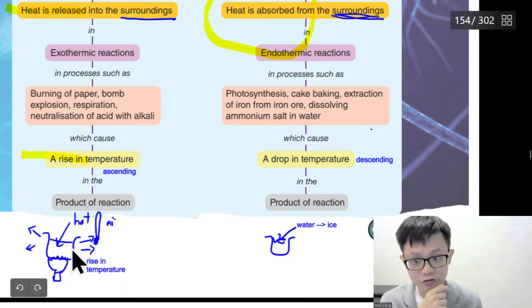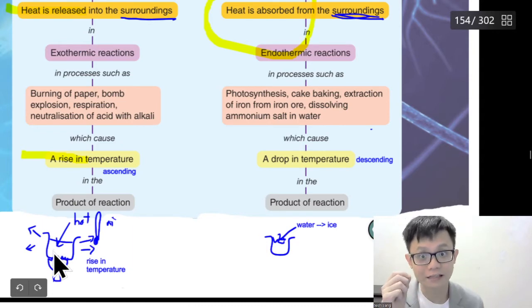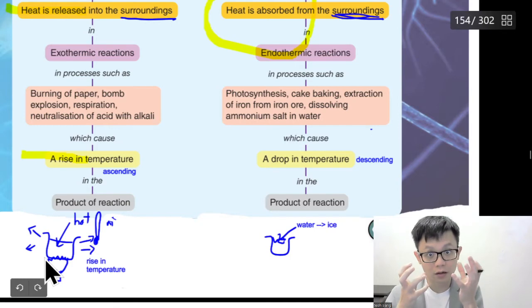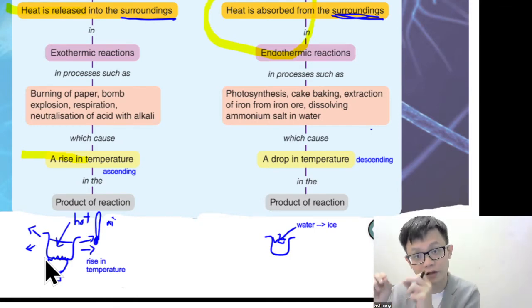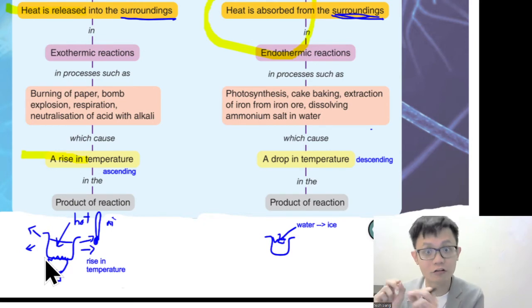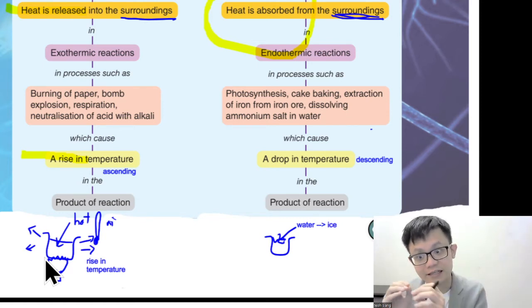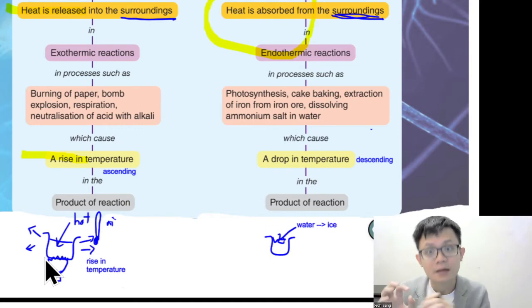From here, in exothermic, we can see that the water absorbs heat from the fire. So the water becomes hot because the water absorbs heat from the fire through the conduction process, if you still remember. Conduction, convection, radiation. So water receives its heat from the fire.